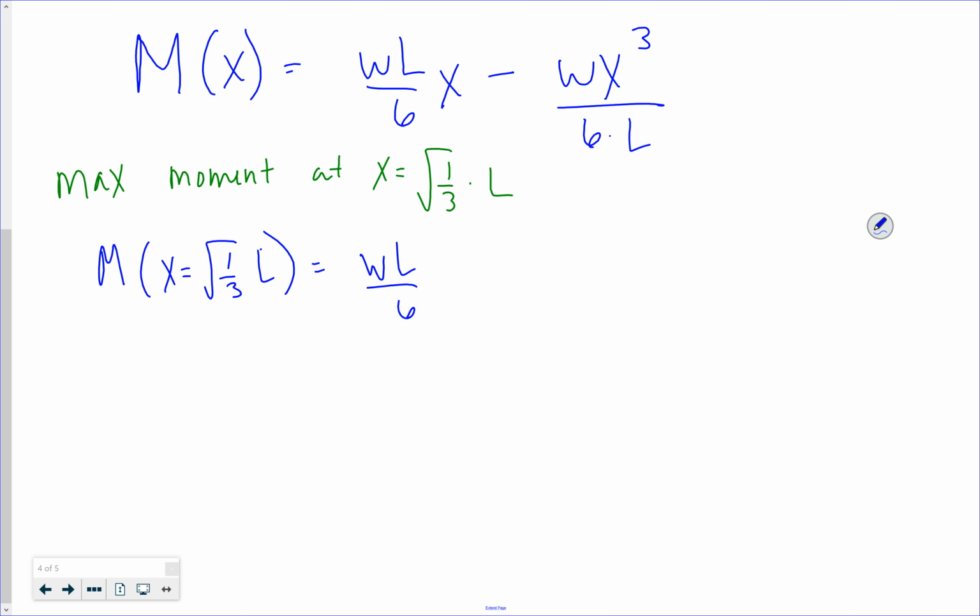WL over 6 times square root 1 over 3 L minus W L cubed over 6L times 1 over 3 times 1 over square root 3.